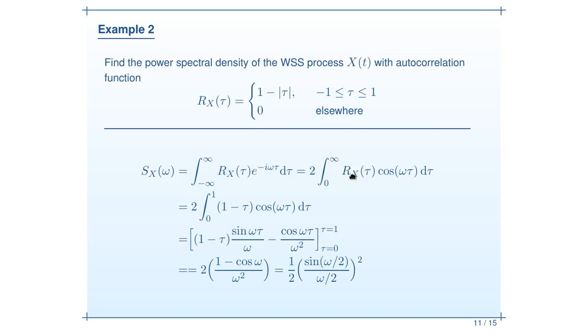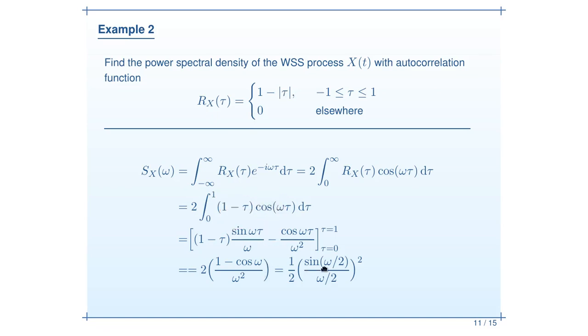Then Rx tau is non-zero only between minus 1 and 1, but because this integral is 0 to infinity, we need only take the part of this graph from 0 to infinity. In that, the graph is non-zero only from 0 to 1, elsewhere it is 0, and from 0 to 1 it is 1 minus mod tau, which becomes 1 minus tau. So it is 1 minus tau cos omega tau.